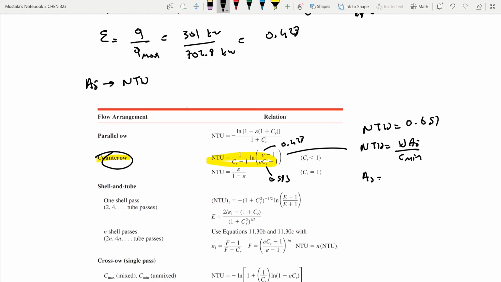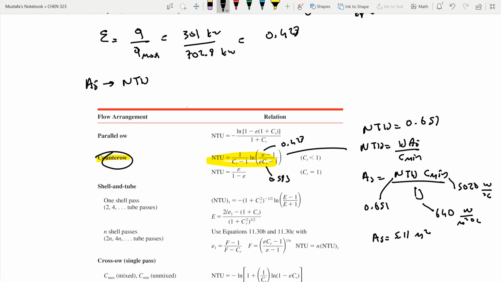So AS is NTU times C min divided by U. NTU we just calculated, 0.651. C min is 5.02 kilowatt, or 5020 watt per Celsius. U is given, 640 watt per meter square per Celsius. So AS is 5.11 meter square.